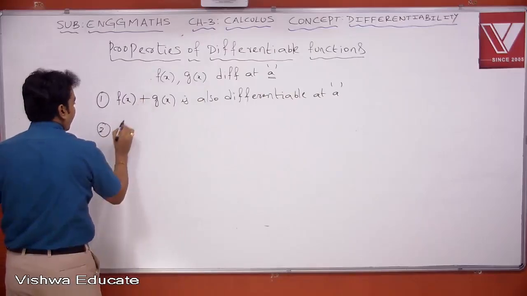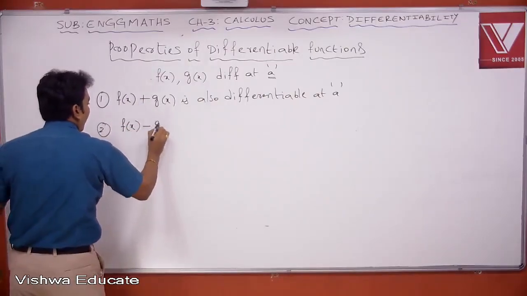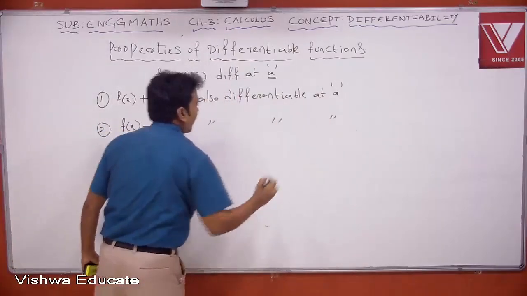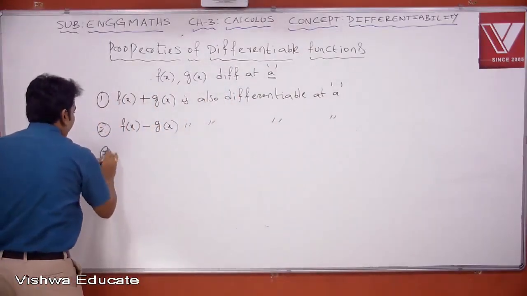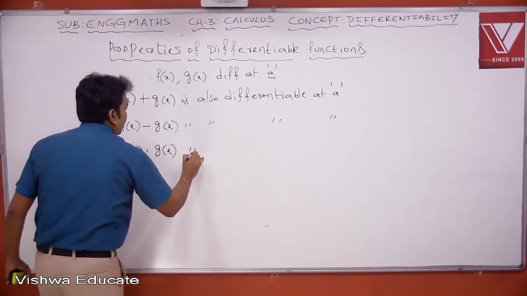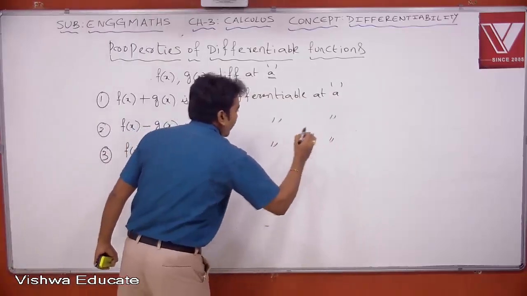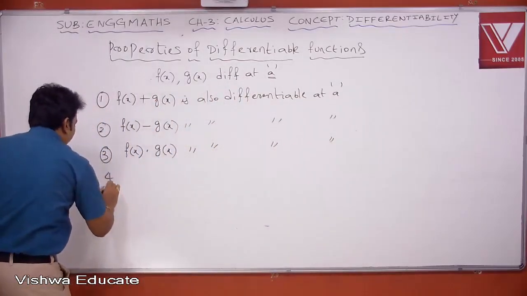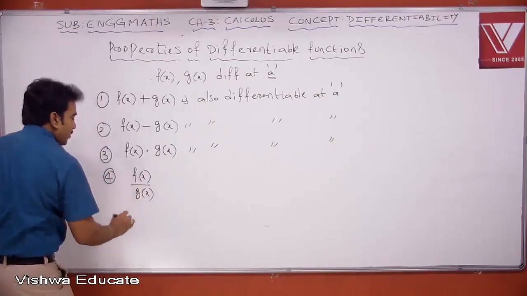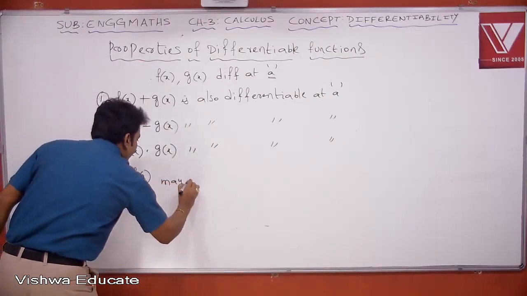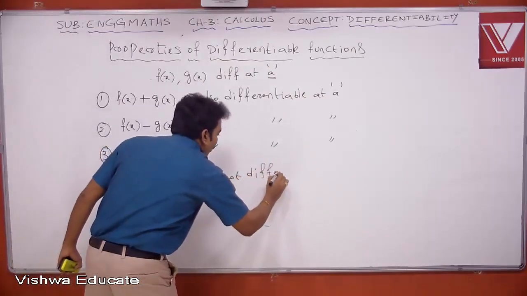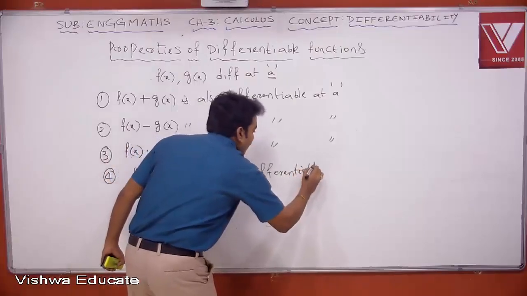Now replace plus by minus, that is f of x minus g of x is also differentiable at the same point A. Now replace this minus by multiplication. f of x dot g of x is also differentiable at the point A. Now when you look at the ratio, here the problem comes. f of x by g of x may or may not be differentiable at A.